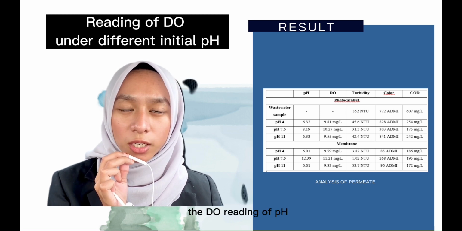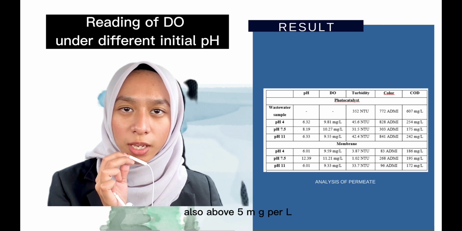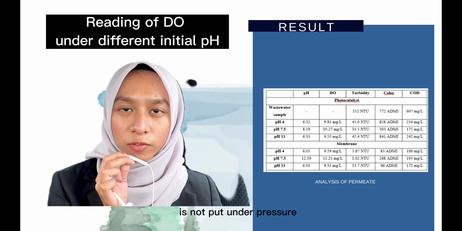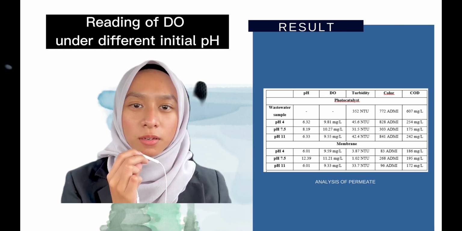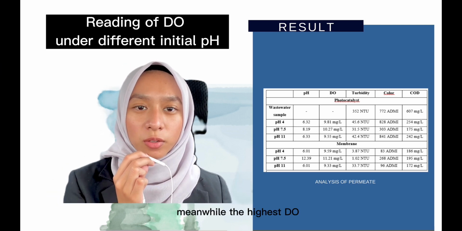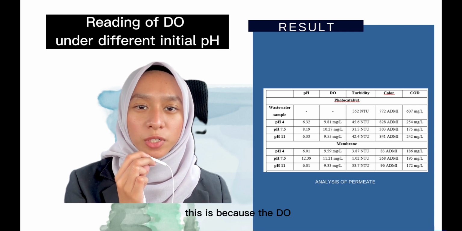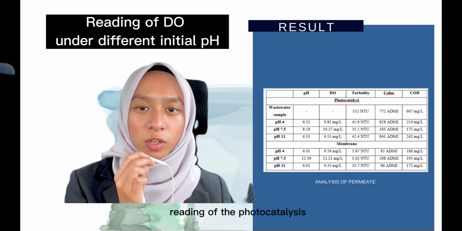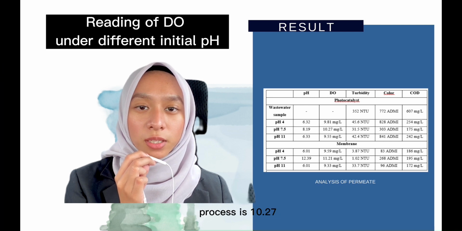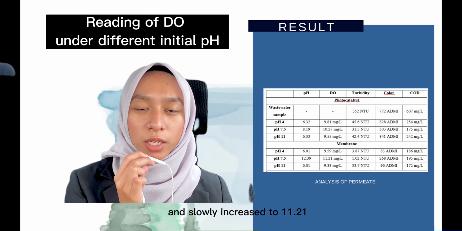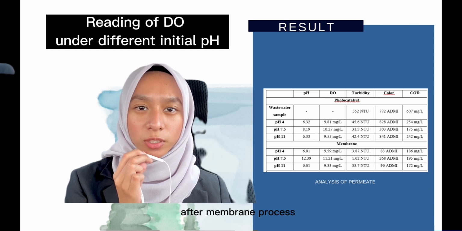The DO reading of pH after membrane process is also above 5 mg per L, so aquatic life is not put under pressure. Meanwhile, the highest DO reading is pH 7.5. This is because the DO reading after photocatalysis process is 10.27 and slowly increased to 11.21 after membrane process.